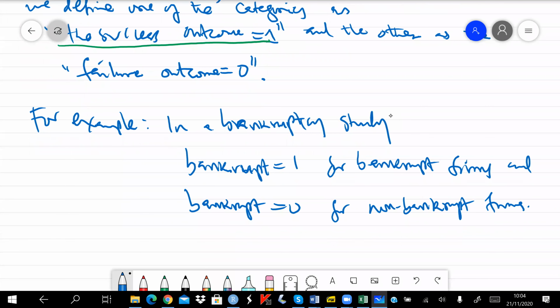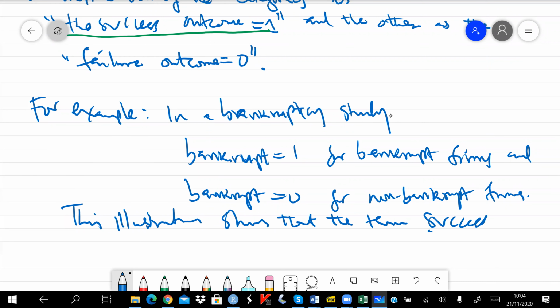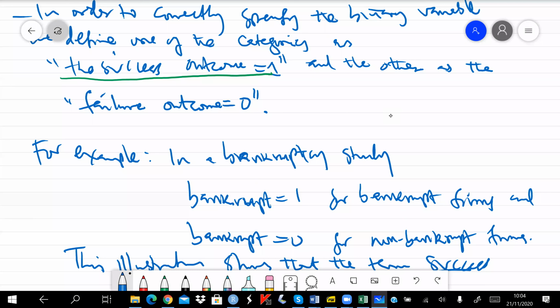We say that this illustration shows that the term success, we are calling one item here success. This is not a literal meaning of the word success. Okay, it's just a label.